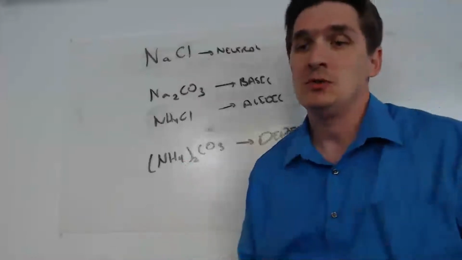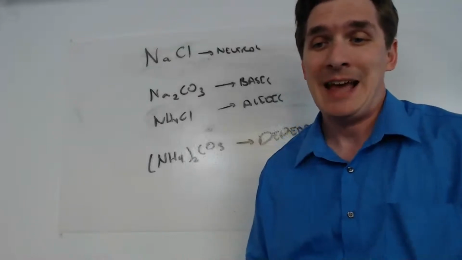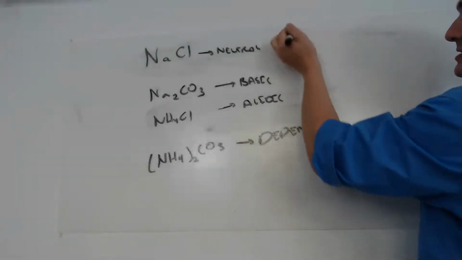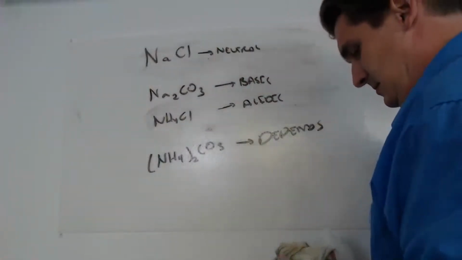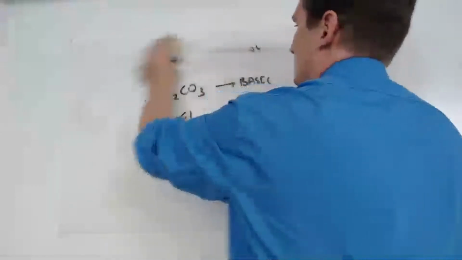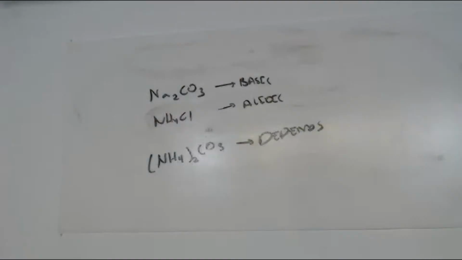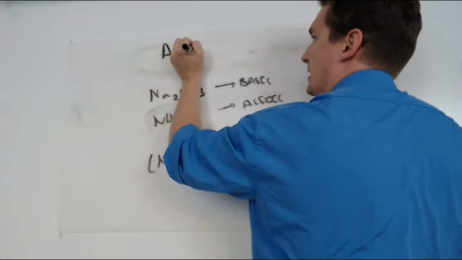So how would you know, looking at this, what they do? Well, every salt is composed of a cation and an anion. So let's make our generic salt, AXCY.